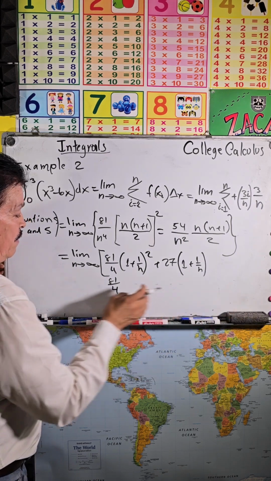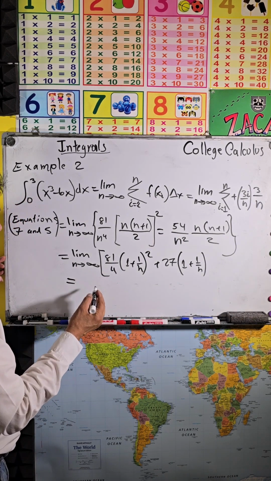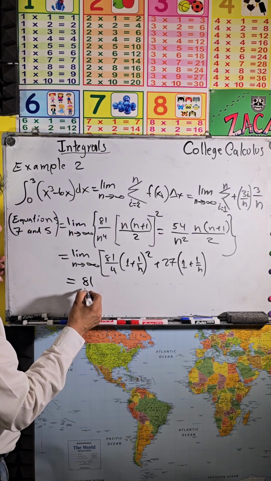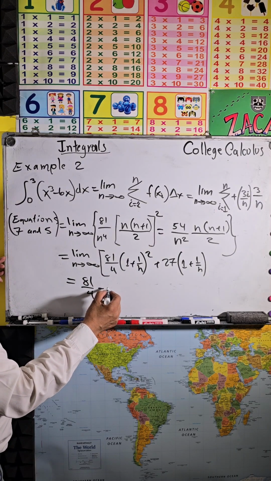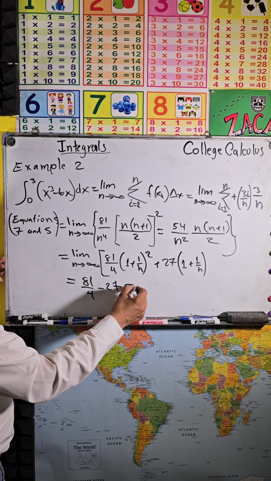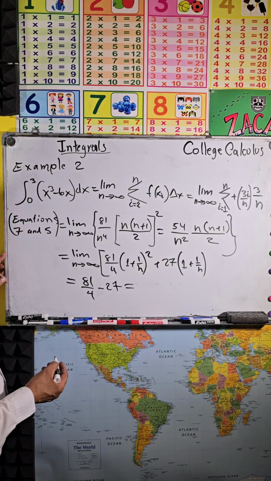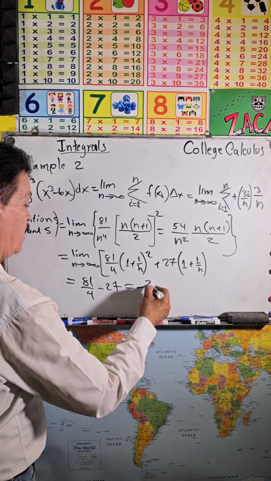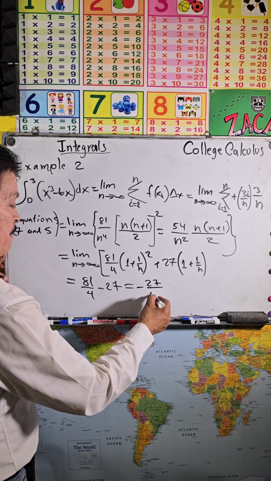We don't have to write the limit here. So let's write equals 81 divided by 4 minus 27. Yeah, it's a conclusion, equals negative 27 divided by 4.